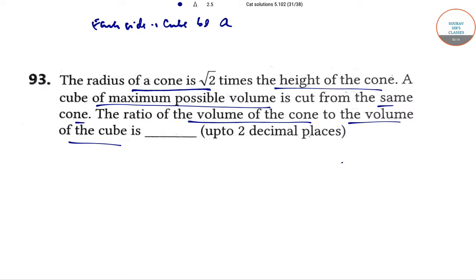So this is the cone, and we have this cube.